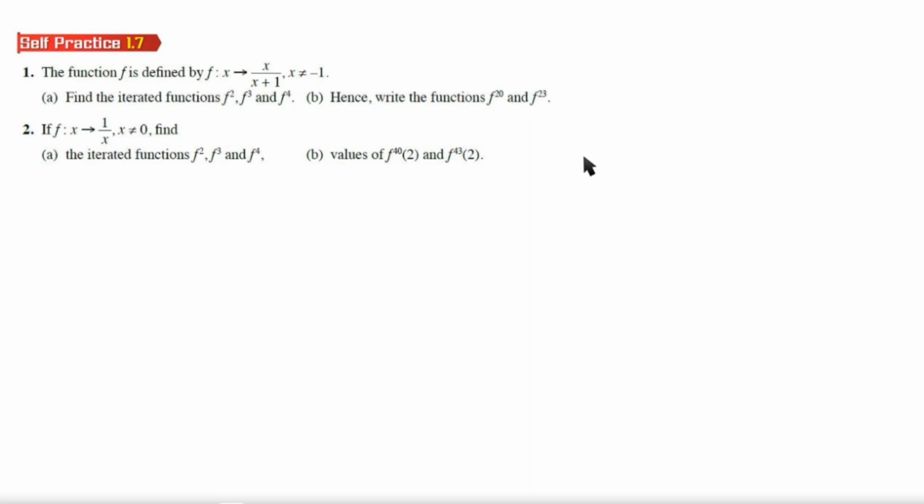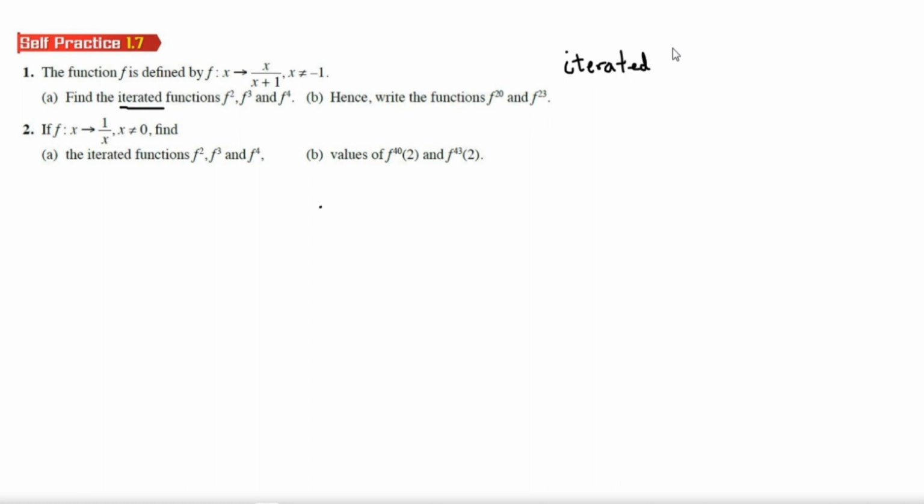Before this, I would like to do a simple analysis on question 1, 2. These two questions are quite similar. They give you a function f(x), and then you are required to find the iterated function. What does this mean by iterated function?